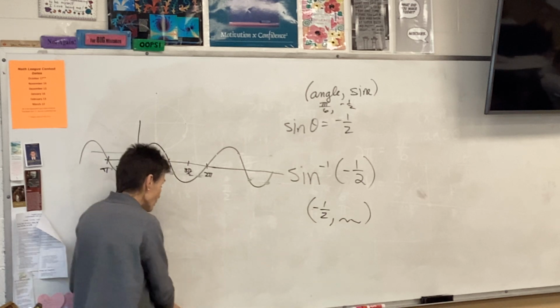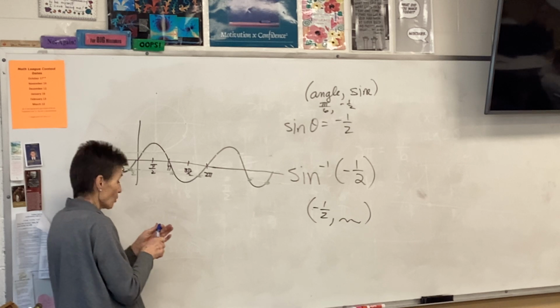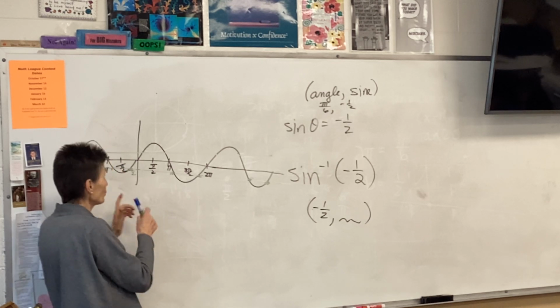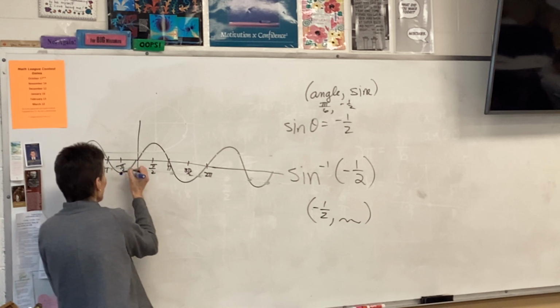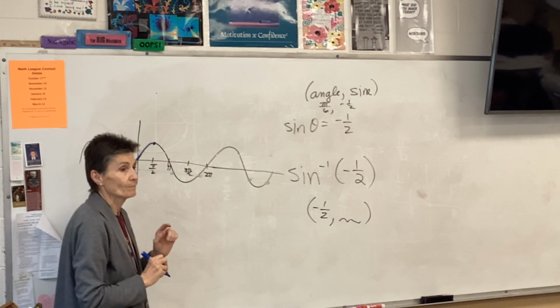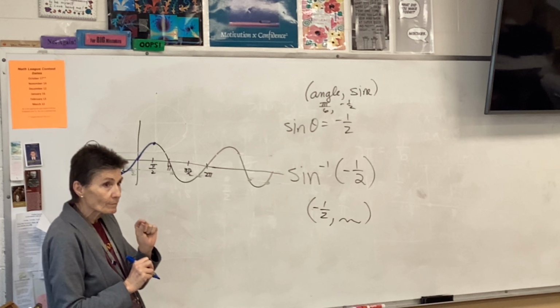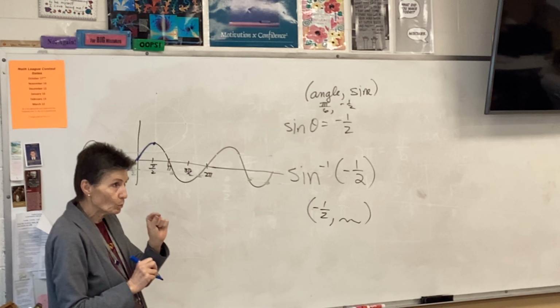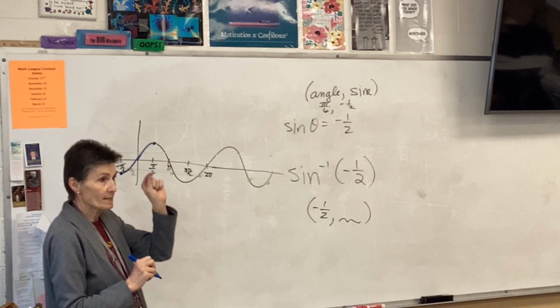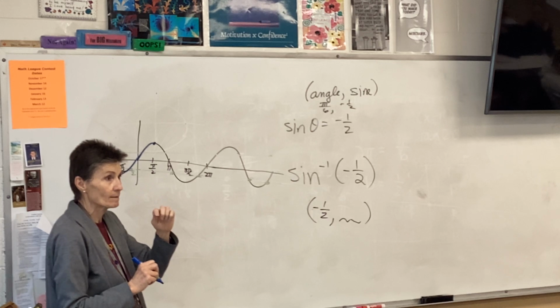So what we do is restrict the domain. So instead of considering the whole shebang, we are only going to consider this much of the curve. Look at the blue. Is the blue 1-to-1? Does it pass the vertical line test and the horizontal line test?